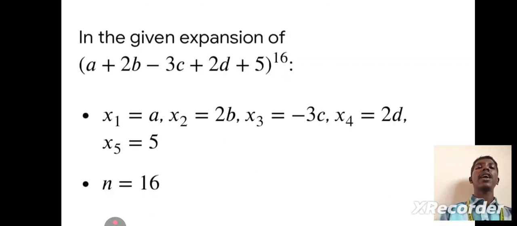In the given expansion of (a + 2b - 3c + 2d + 5) whole power 16, x1 equals a, x2 equals 2b, x3 equals minus 3c, x4 equals 2d, x5 equals 5, and n equals 16.